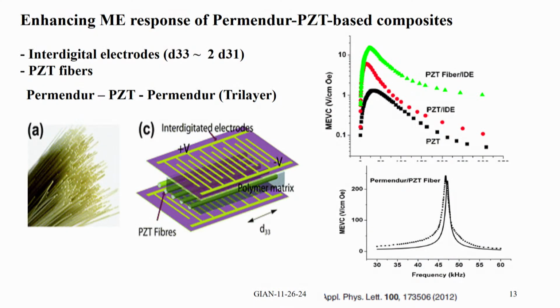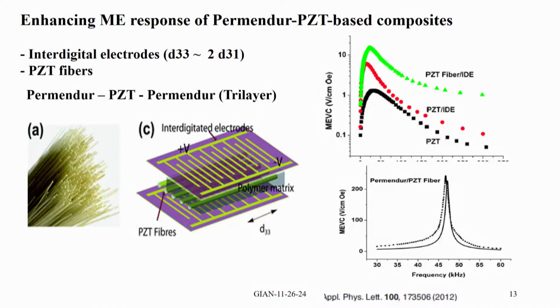So, what you do is you apply an in-plane electric field to polarize these PCTs. So, what you are doing is, when you do the magnetoelectric measurements, you are using D33, not D31, because the fibers are aligned this way.